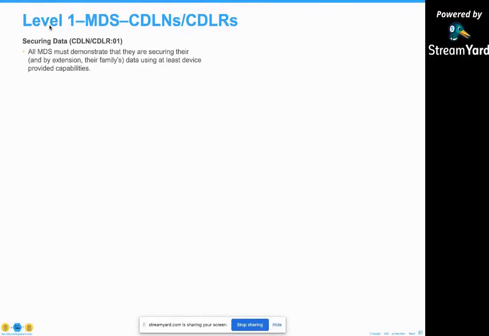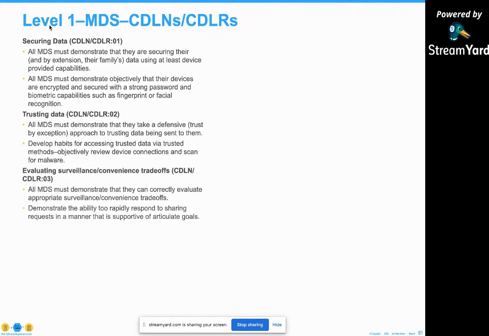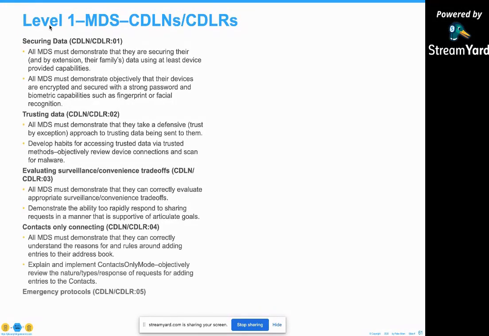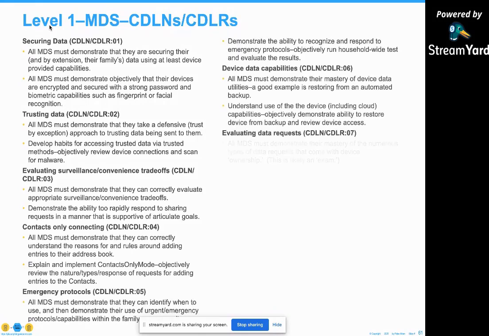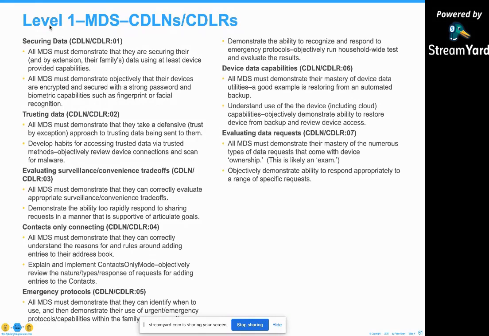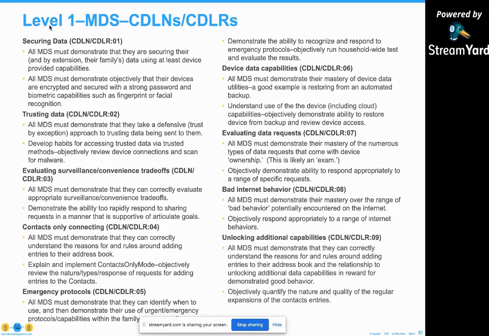We won't go through all of these here, but this is the first level. Just as you've tried to make more clear to everybody in your audience here, what are the definitions? Here are some specific, in this case, citizen data literacy needs. And I also said put the responses in there as well. So just as a knowledge worker, you must know how to secure data. You must know whether you can trust data.